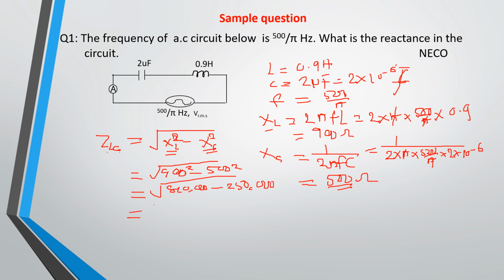When you do that subtraction, you have 560,000, and by the time you find the square root of this, you have 748. Please just press your calculator and you have your value. So this is the reactance or the impedance of this circuit.